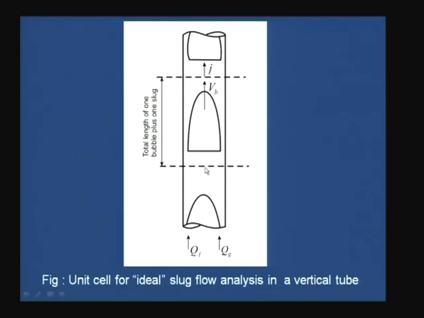Once we can find the void fraction, we can find the pressure drop and the other hydrodynamic parameters of slug flow. So the analysis becomes considerably simplified if we assume that the entire flow passage comprises unit cells, where each cell is made up of a single elongated, bullet shaped, axisymmetric Taylor bubble and some liquid portions above and below it.